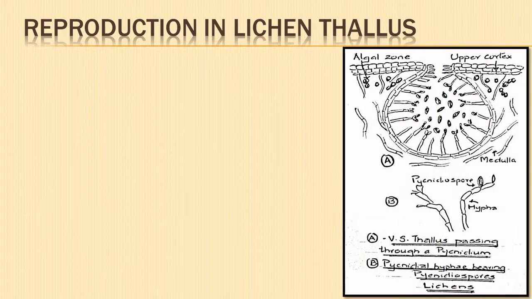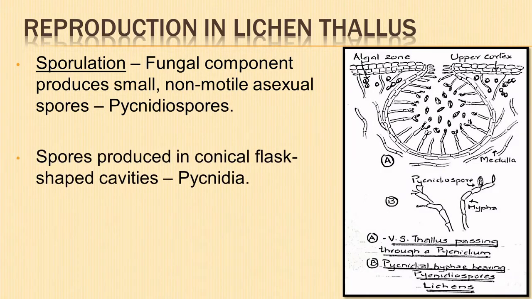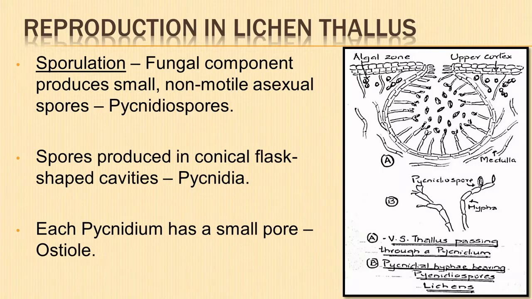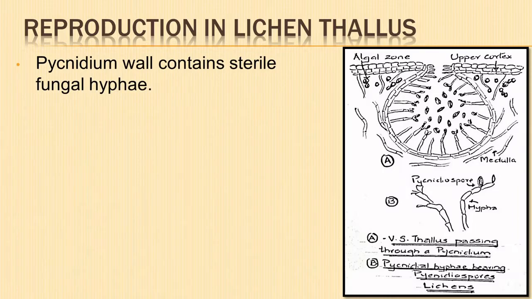Sporulation. The fungal component produces small, non-motile, asexual spores called pycnidiospores in conical flask-shaped cavities called pycnidia. Each pycnidium has a small pore or opening called the ostiole. The pycnidium wall contains sterile fungal hyphae.